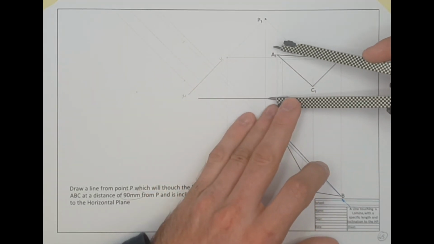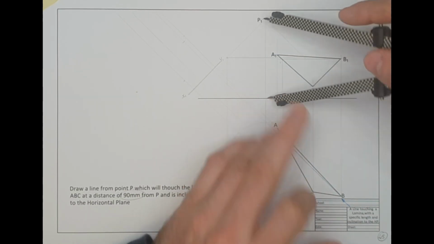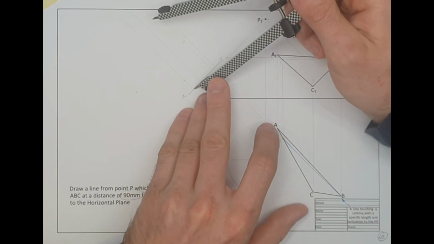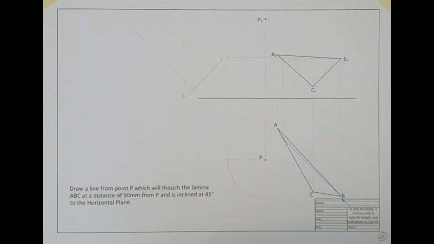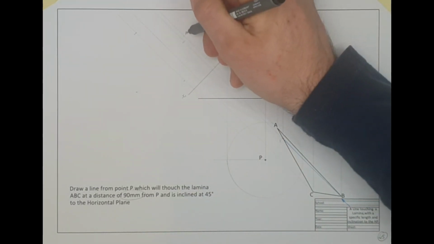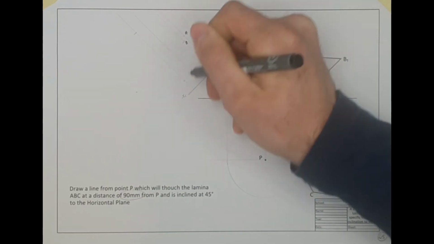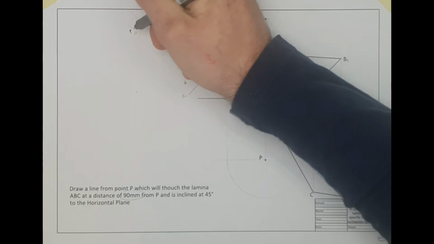Then point P up at the top. So we get points A, B and 1, I'll just label it as B at the moment, C, and point P up at the top.